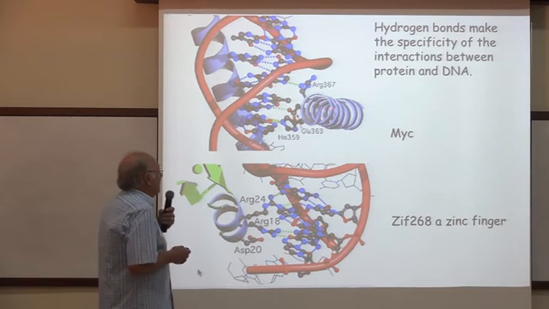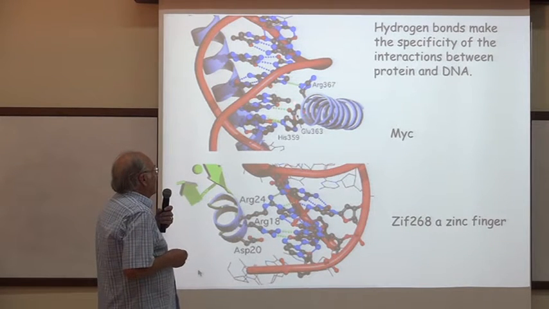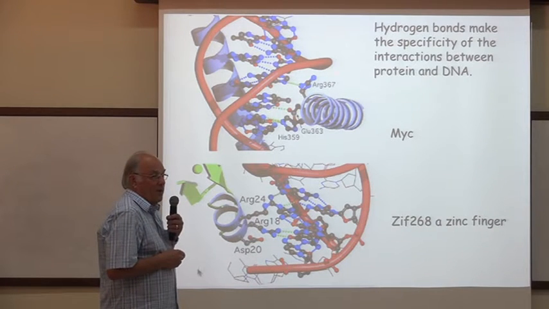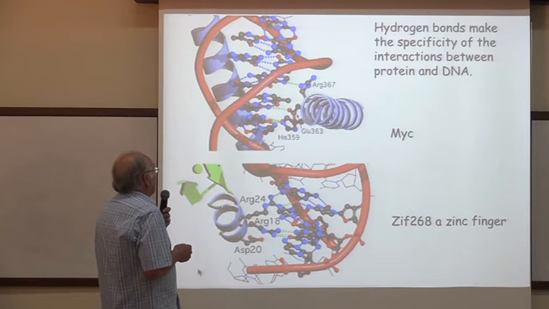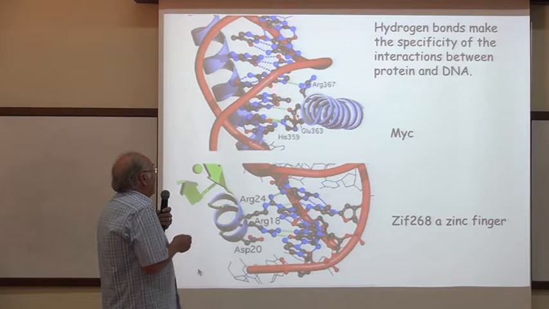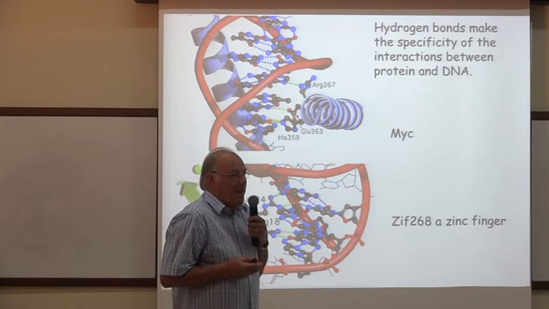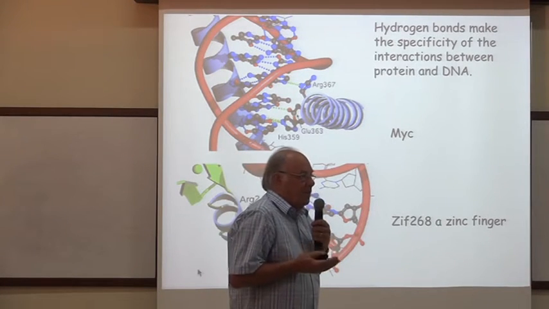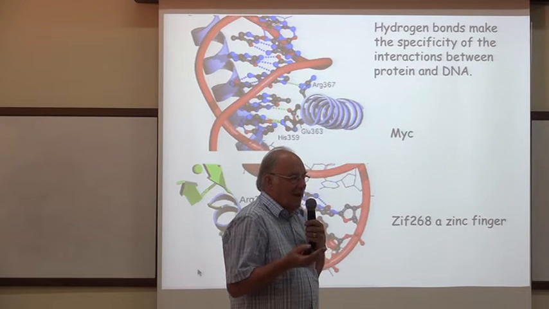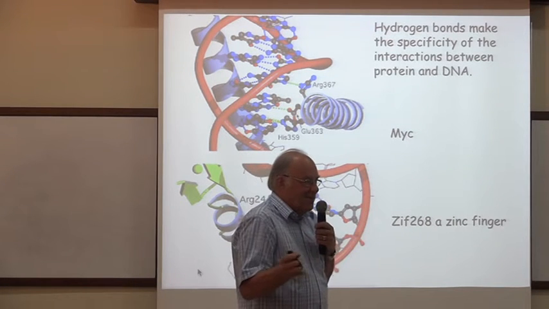And as I've been pointing out, the specificity of interaction between the protein and the DNA is coming very much through hydrogen bonds. And here you see some specific hydrogen bonds which identify a specific sequence of the DNA here, because, well, I don't think I brought a figure of this, but the DNA sequences make hydrogen bond donors and acceptors in a very distinct pattern.